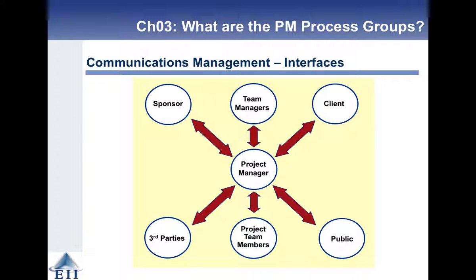And the problem with communications is when you've got lots of people, then you've got lots of communication mechanisms. So the project manager needs to take control of that and make sure that most things flow through them.